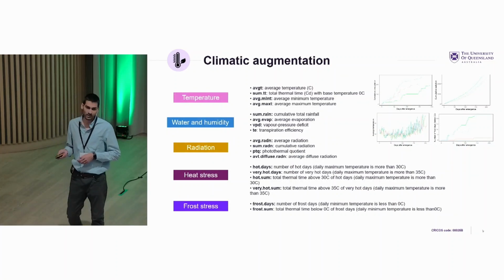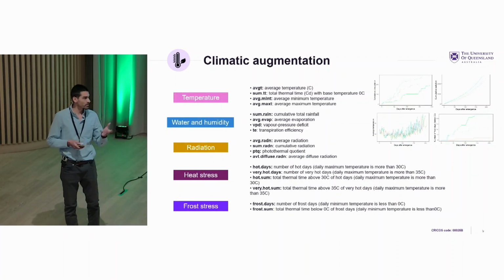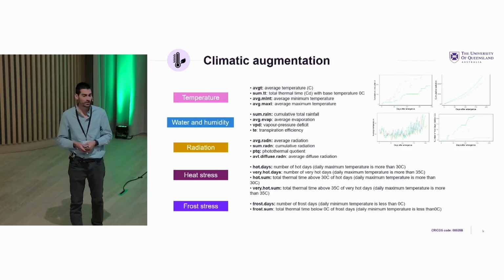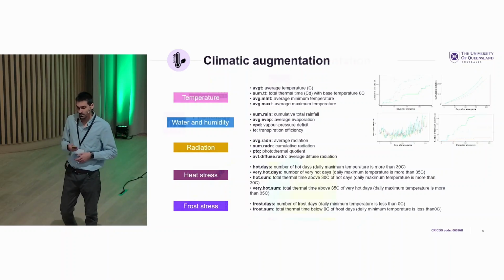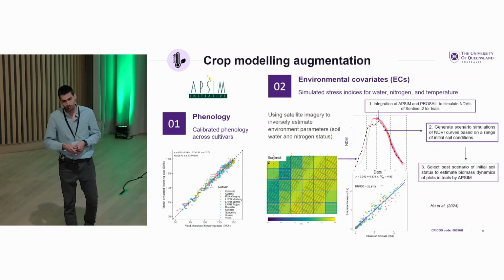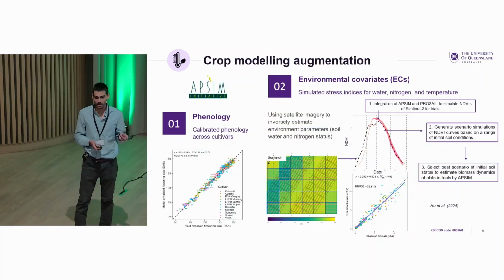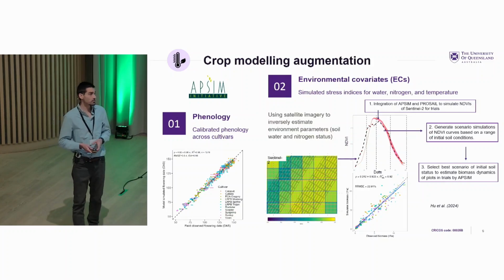In terms of climatic augmentation, I'm not going to stop too much on this, but basically we try to incorporate the main drivers that we expect are going to have an effect on the GxE: temperature, water and humidity, radiation, heat stress, and frost. And in terms of the crop model augmentation, we are looking at 2 main goals in here. One is obtaining good phenology information.